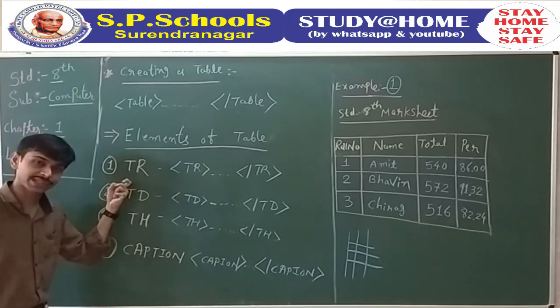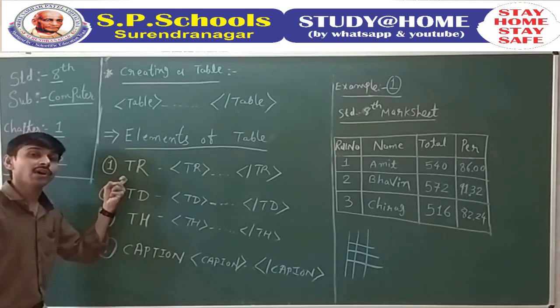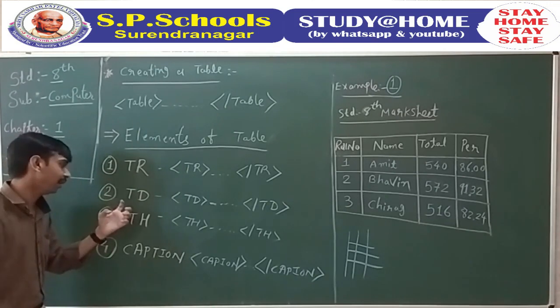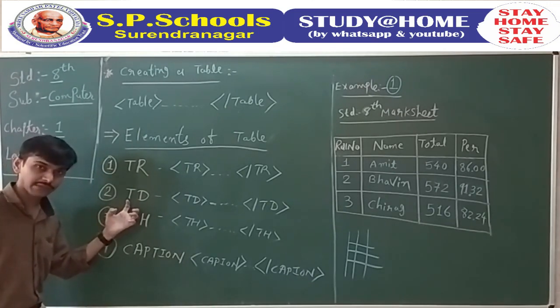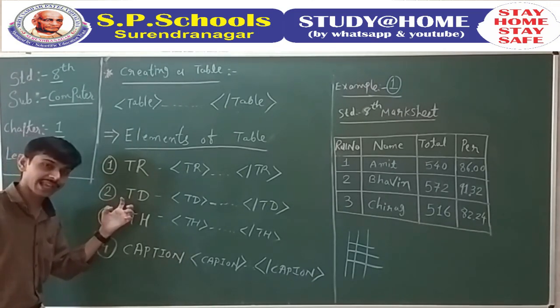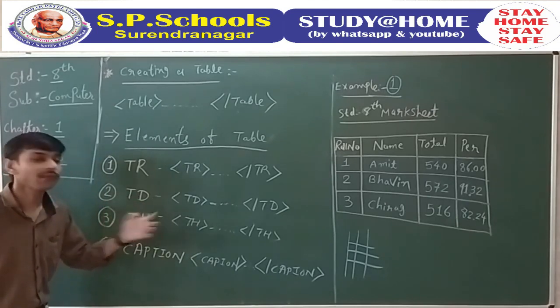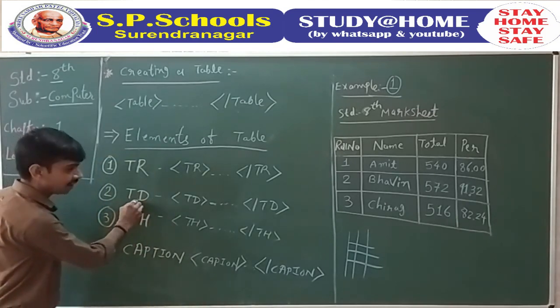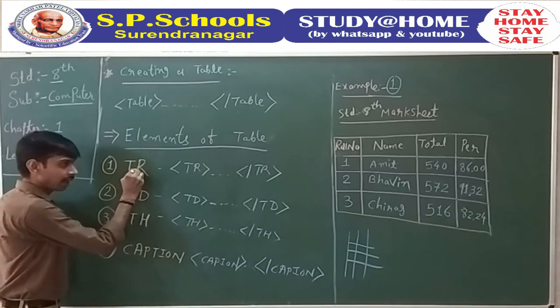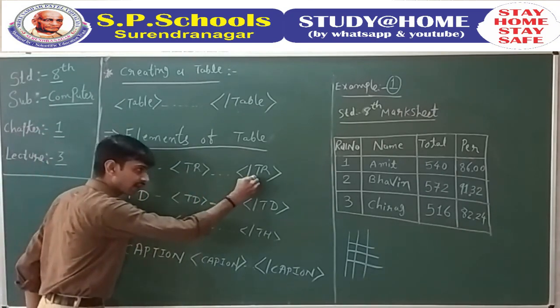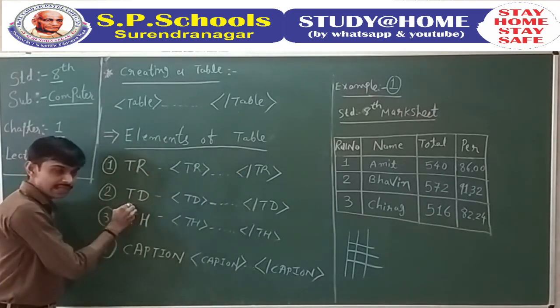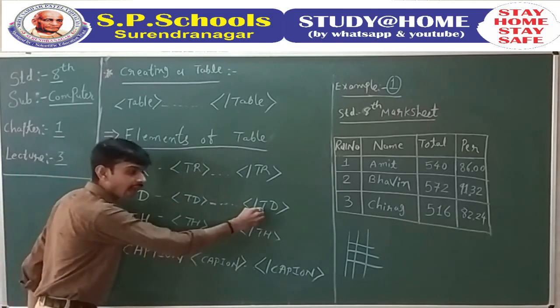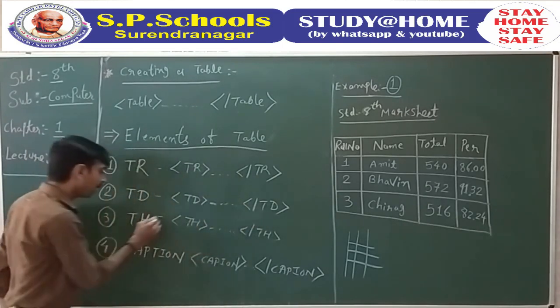It defines and describes the number of rows in a table. Second is TD, table data. It defines the cell in a row of the table. It is the opening of TR and closing of TR. Here, the opening of TD and closing of TD, table data.